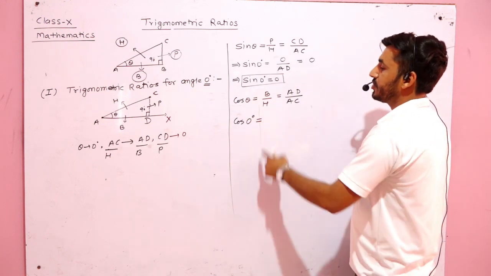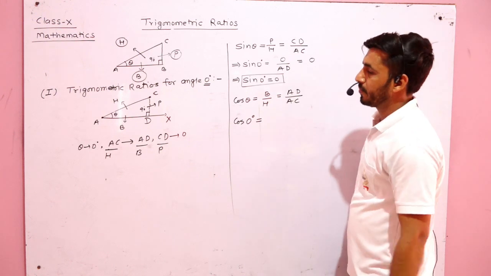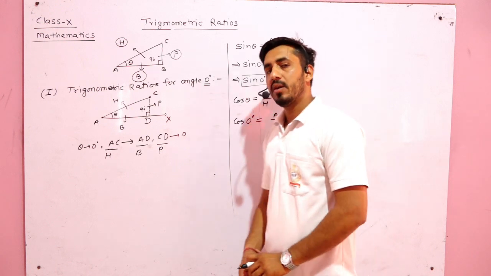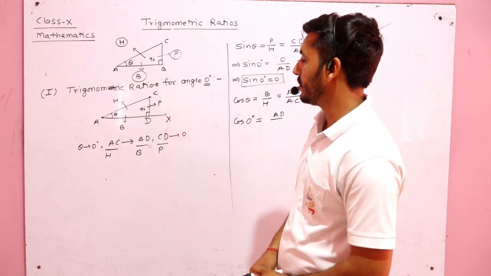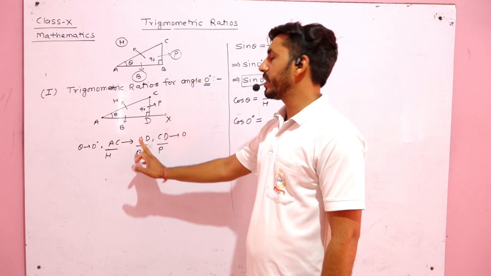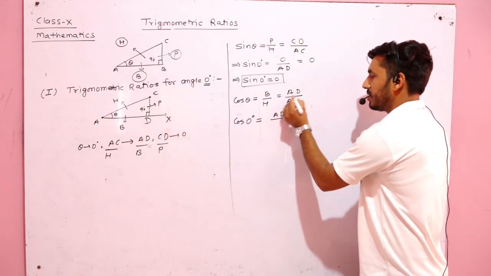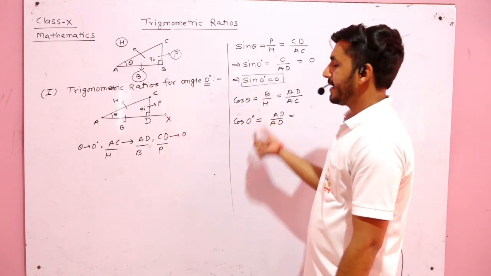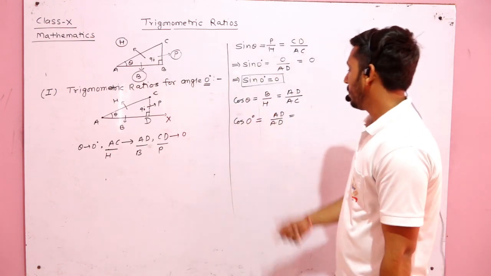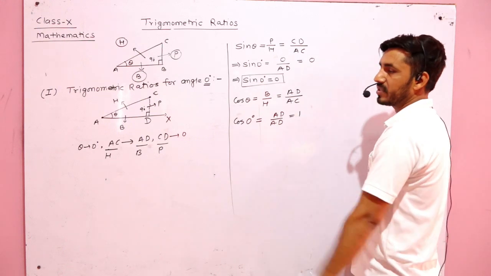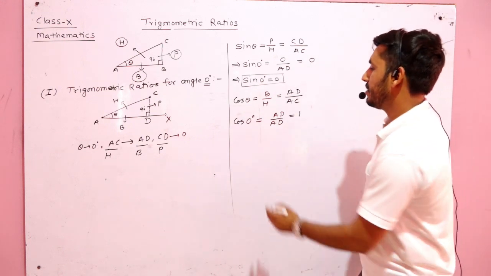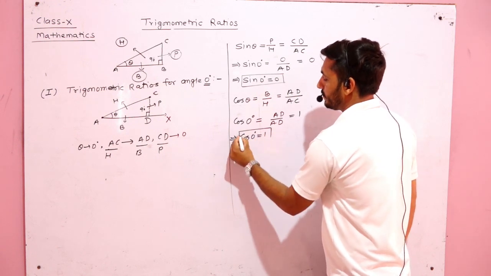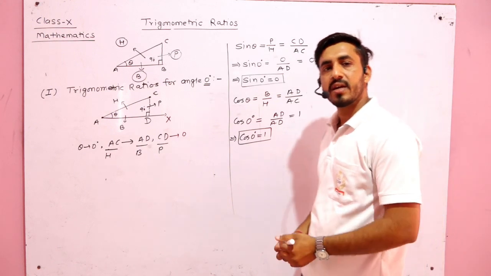And in the condition when theta is moving towards 0, AC is also moving towards AD. Then AC will also be AD, and both are cancelled. The obtained result is 1. Then we can say that cos 0 degree is equal to 1. This is the second condition.